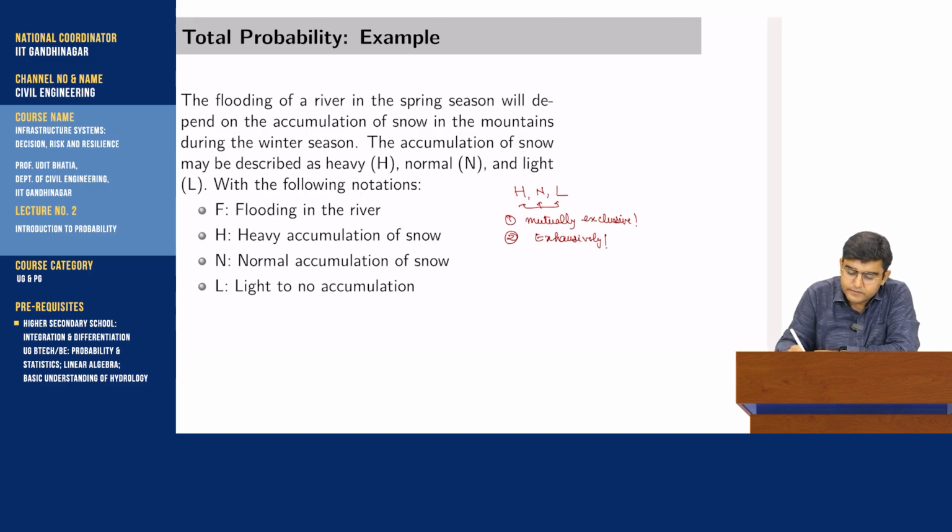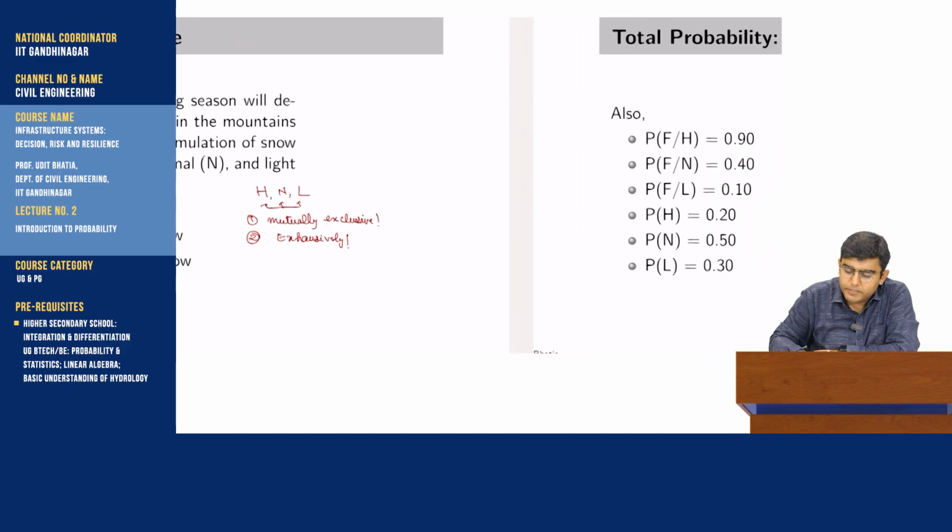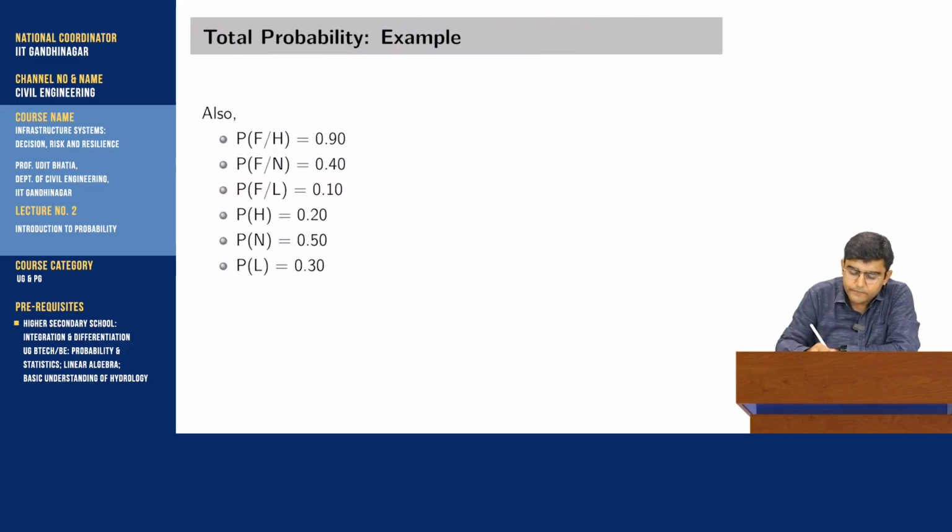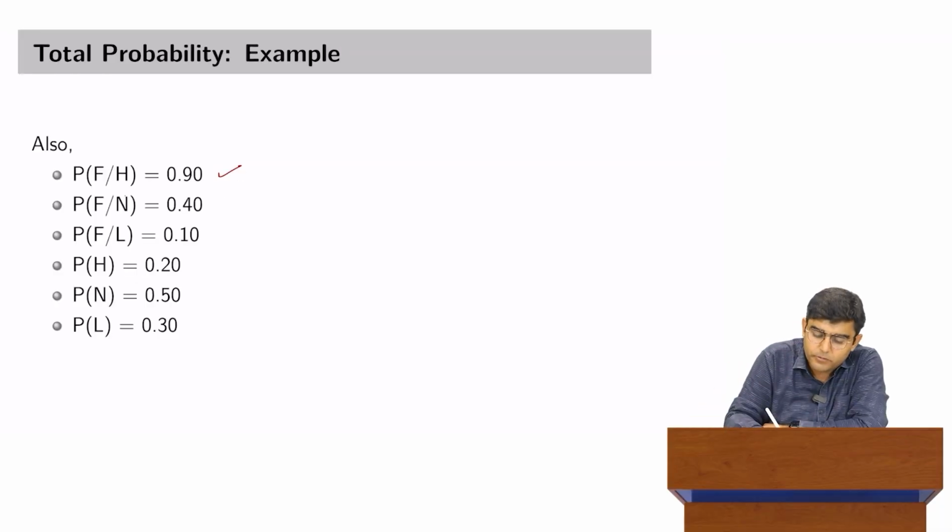Our question is, can we determine what would be the flooding if this entire information is available to us. Given that there was a heavy snow in the previous season, probability of flood is 0.9. Given that there was a normal snow, probability of flood is 0.4. Given that there was a low snow to no snow, probability of flood is 0.1.